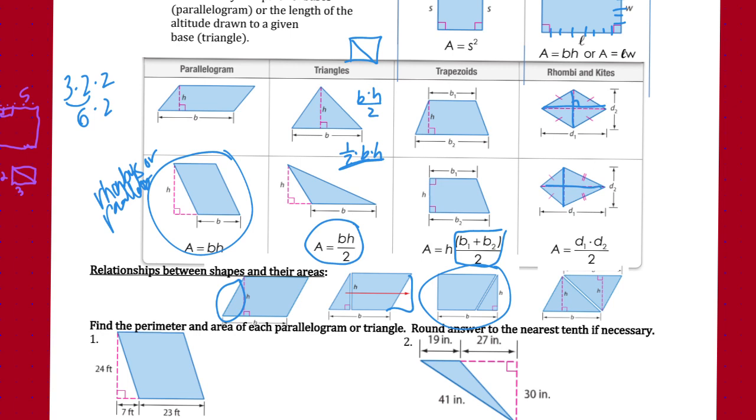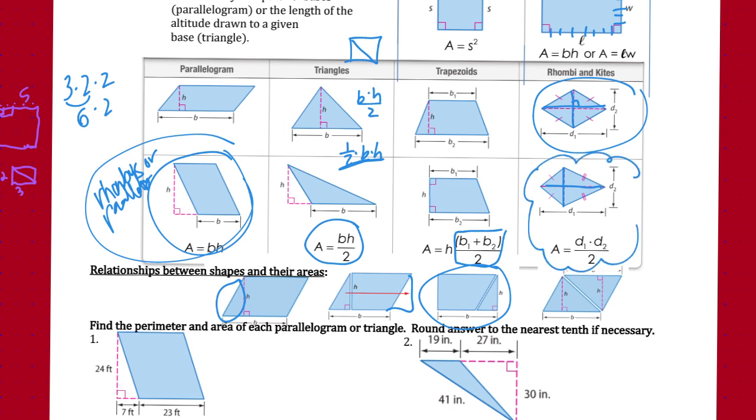Find that product and divide it by 2. A kite has to be used with that one. A rhombus could be used with either the parallelogram formula or the kite formula. So both of those work for rhombuses, but a kite has to use this one right here.